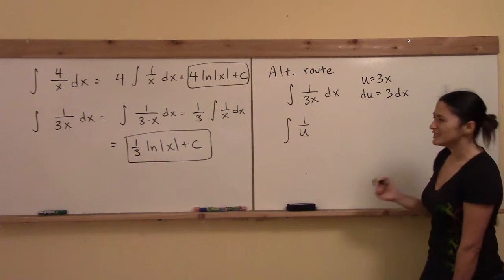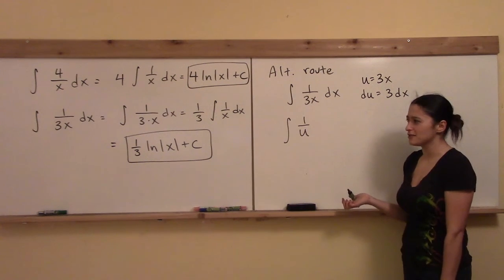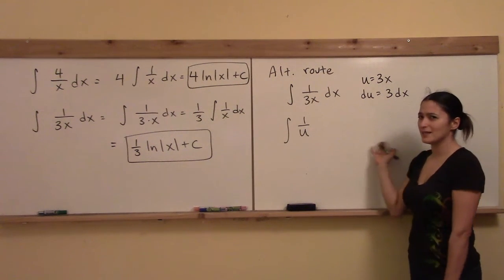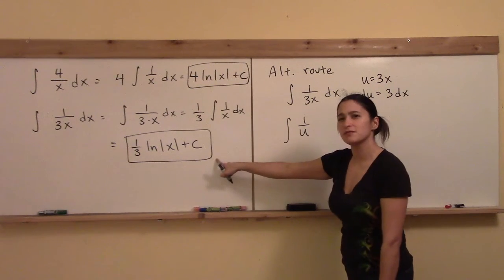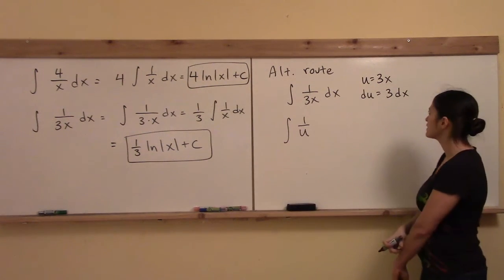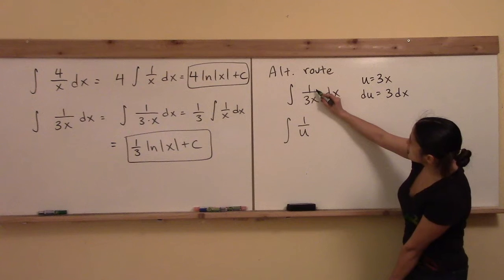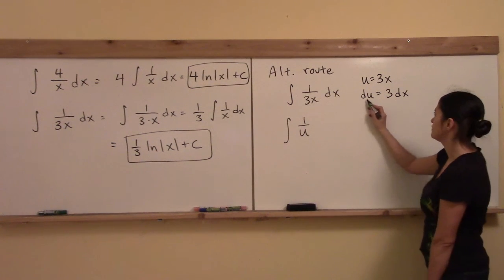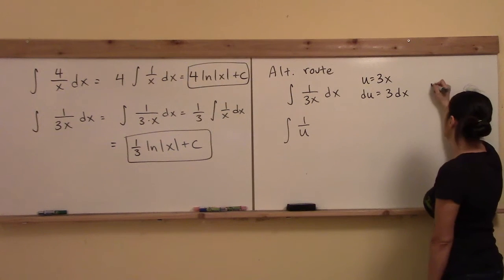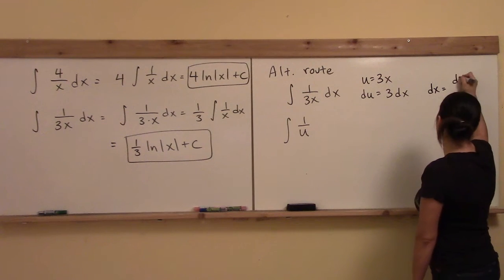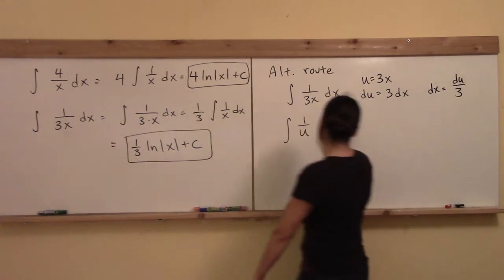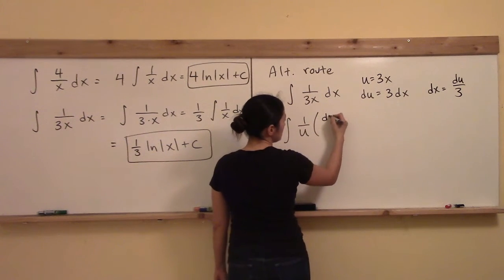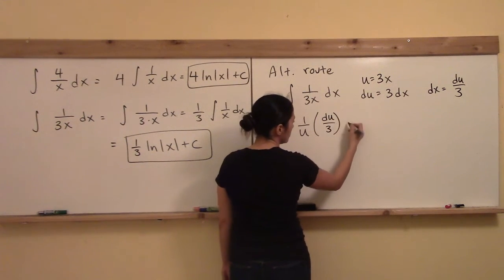Okay, let's see how this works out. I mean, if math is true, then whatever we get out of this should definitely be equivalent to this. So I wonder if this is going to work out. Alright, so this would be 1 over u, and then what am I going to put instead of dx here? If du is equal to 3dx, that means dx is equal to du over 3. Right, so then I have to replace the dx with du over 3.